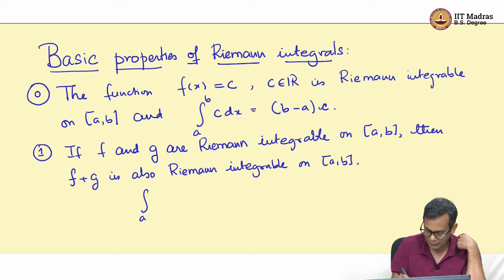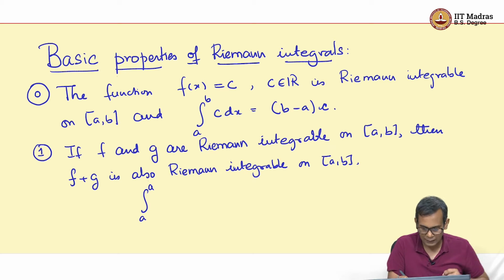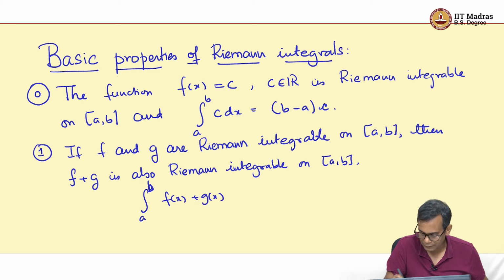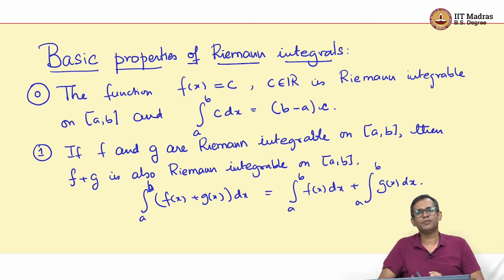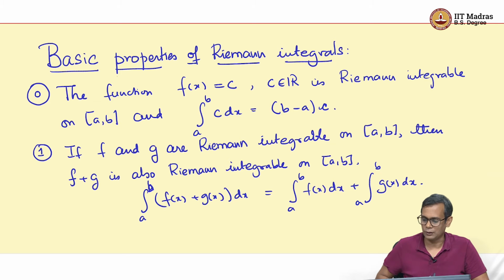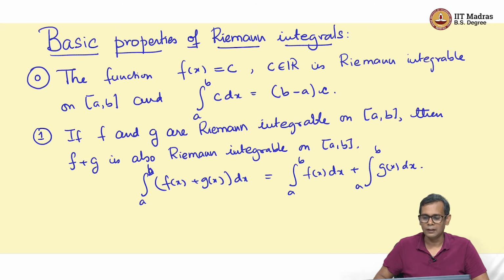The integral from a to b of f of x plus g of x dx is equal to the integral from a to b of f of x dx plus the integral from a to b of g of x dx. I am sure most of you have already been using this property to compute your integrals for a long time now, but we will see shortly how this follows exactly from the definition of the Riemann integral.